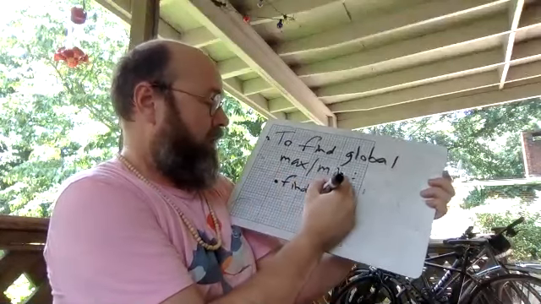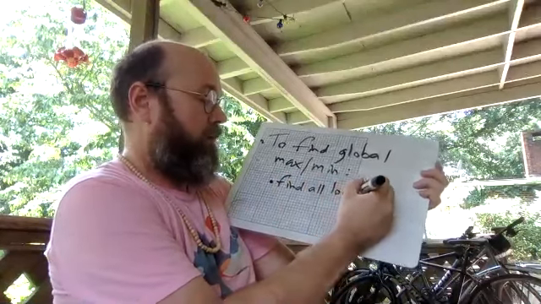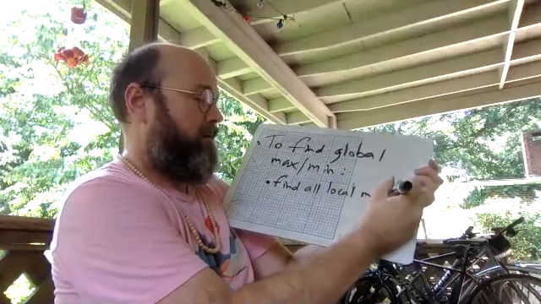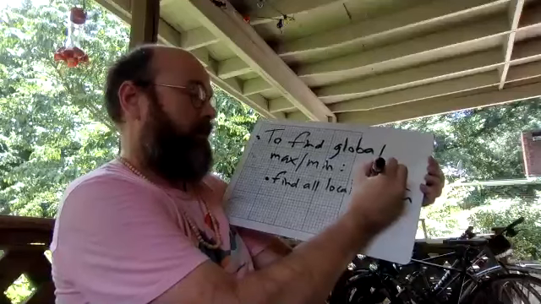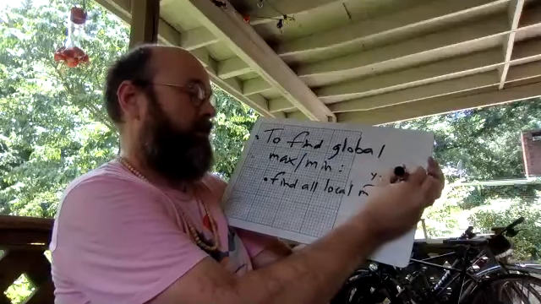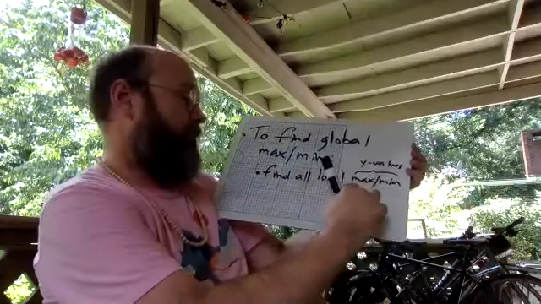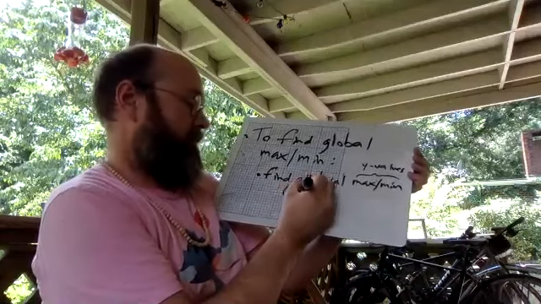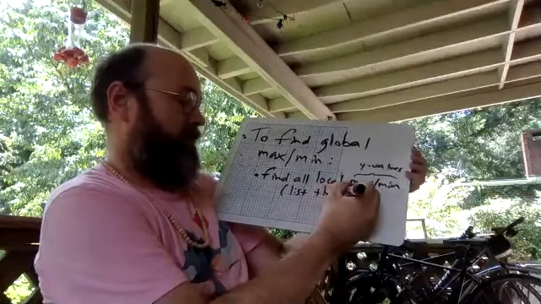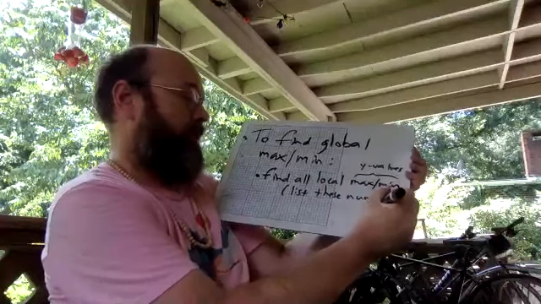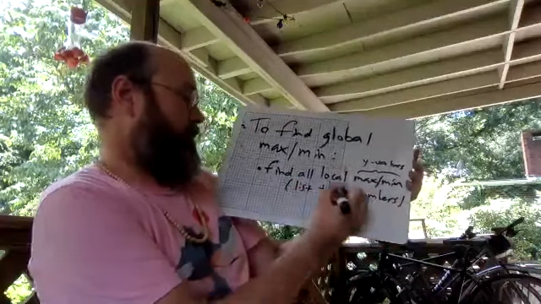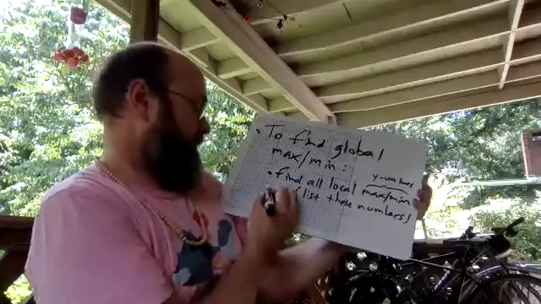You find all of the local max and mins. Remember that these are y values that we're talking about, not the x values, not the critical numbers. You list them out. So you want to be able to say, oh, well, this one has a peak there, a trough there, and so on. List the numbers out, all the local y values.